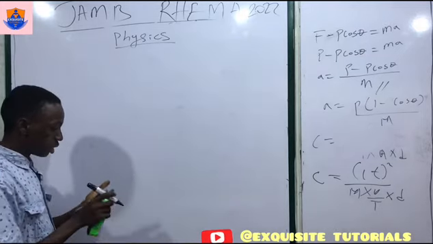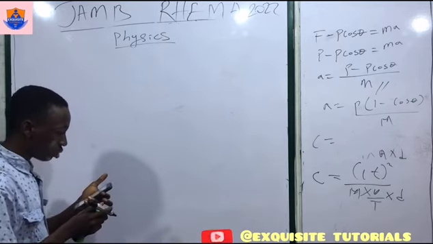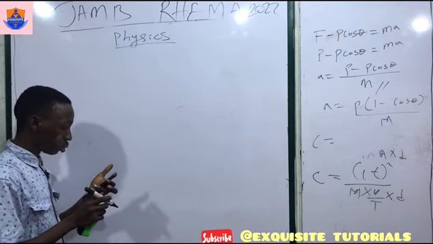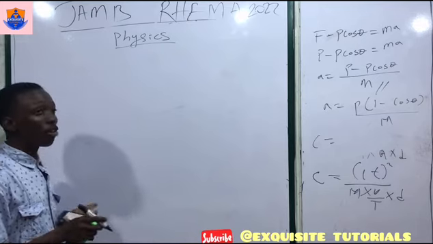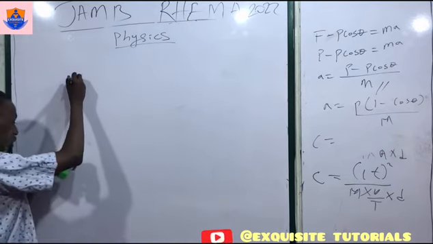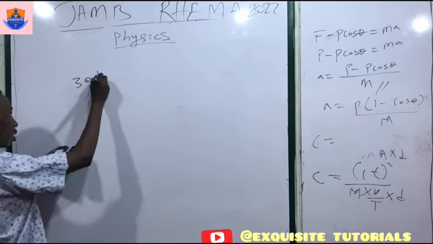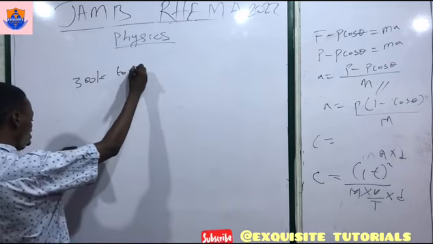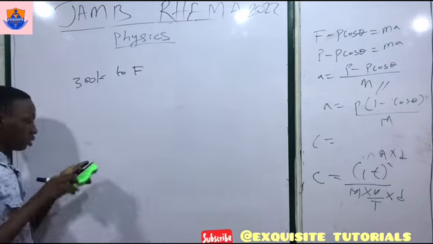Let's say: convert a temperature of 300 Kelvin to Fahrenheit.